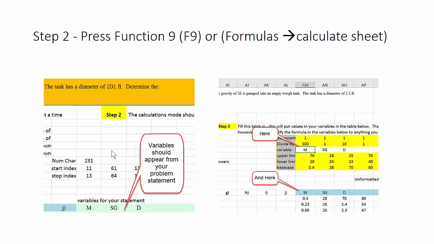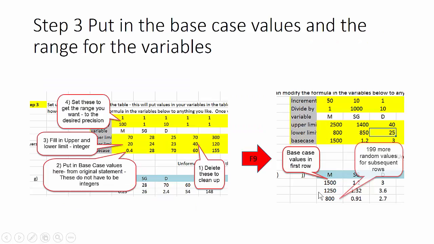After you hit F9 to recalculate the sheet, it will substitute those variables in a couple of different tables, one below the yellow box and one a couple to the right. The table to the right is the one where you set up the variables so that you make a whole range of them. Any variables you're not going to use, go ahead and delete those.